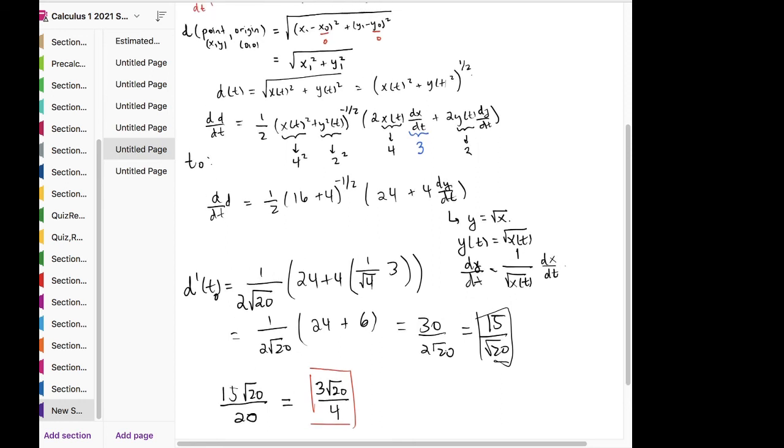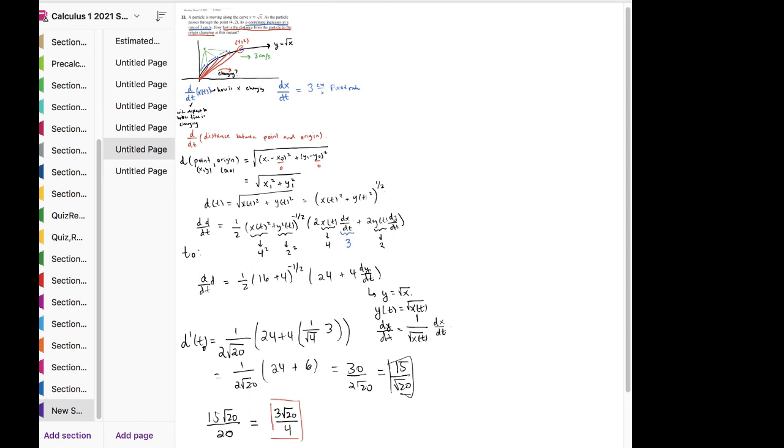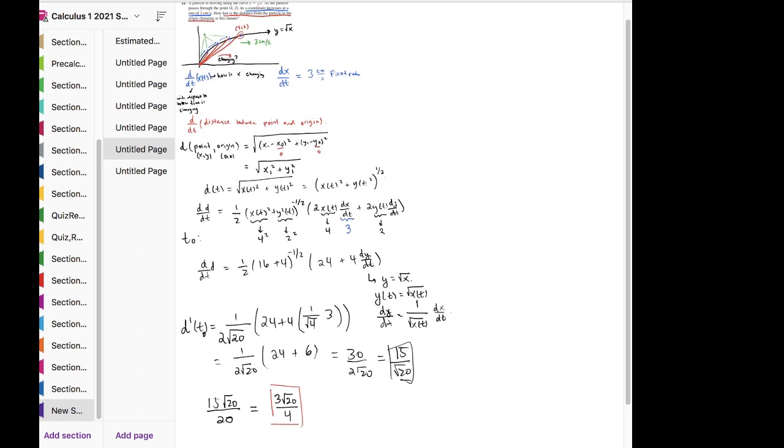Okay, questions about this? So notice a lot of these, we don't actually care about the time, right? We're not solving for the time because we don't know the time itself, how many seconds have passed. We can just look directly at the point itself. Okay, questions about this one?